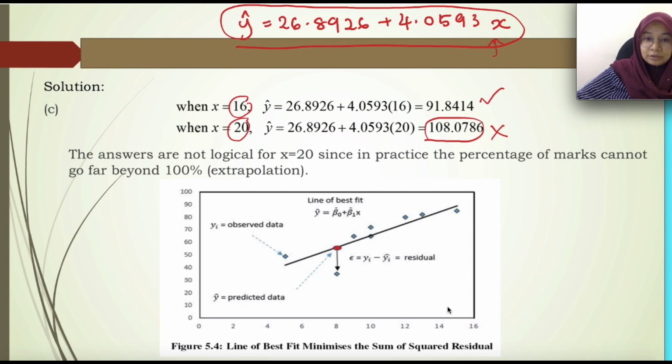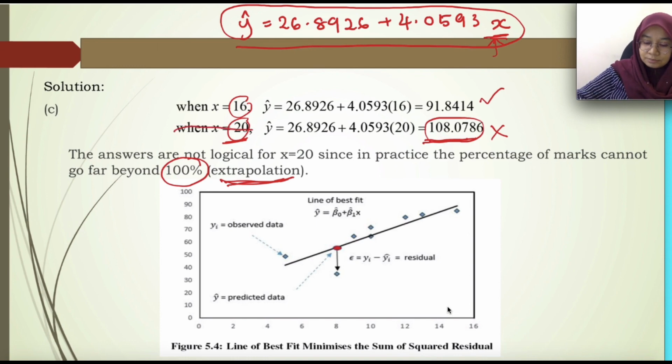It's not logical because marks cannot exceed 100. When you substitute x equals 20 here, you got 108, but marks are only up to 100%. When you go beyond that, we call it extrapolation.